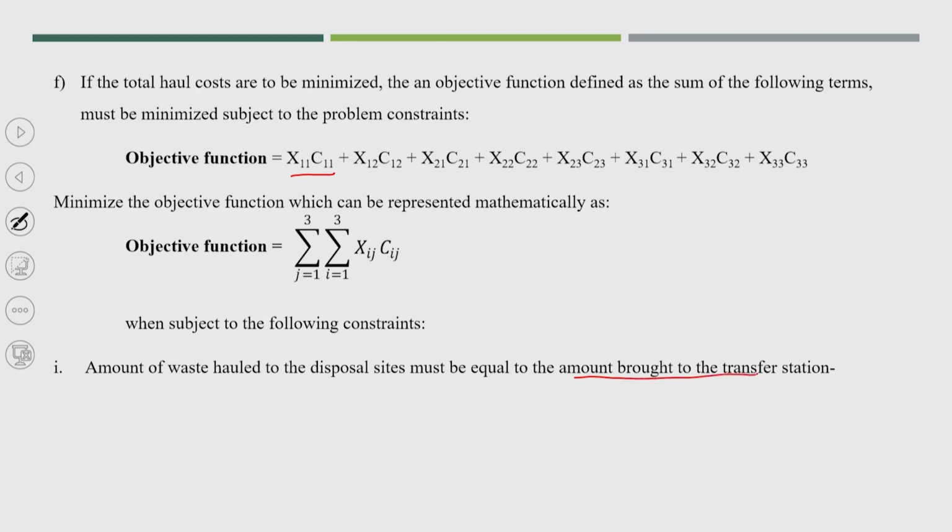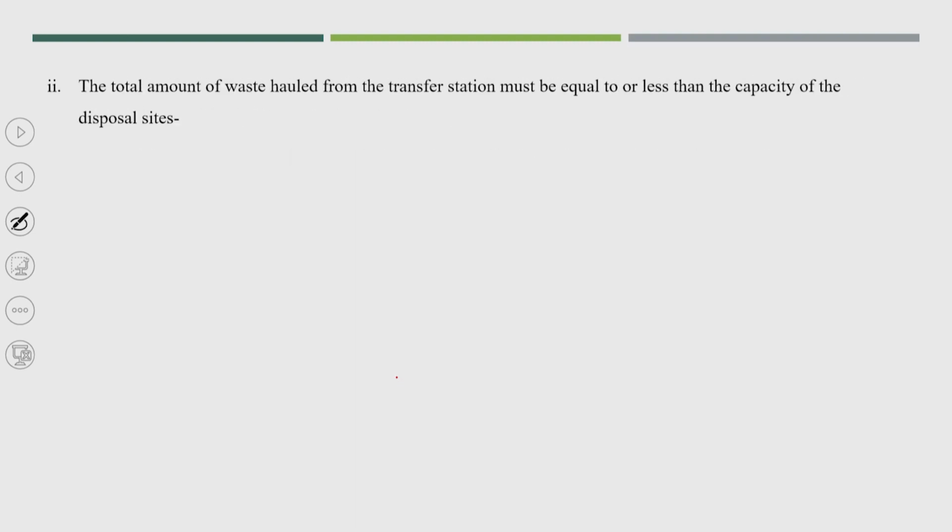Mathematically we can write the sum of Xij equal to Ri, where j is 1 to 3 and i is 1 to 3. Similarly, another constraint is that the total amount of waste hauled from the transfer station must be equal to or less than the capacity of the disposal site.